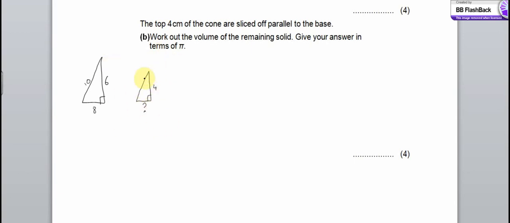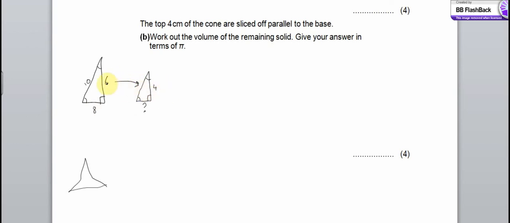Now, because the little top cone has got the same angle as the big cone, because it was chopped off the big cone, and because these two angles are the same, because if they weren't, it wouldn't be a cone, it would be a kind of weird witch's hat like this. These two triangles are similar, which means that we can use these two pairs of numbers here to figure out a scale factor which we can use on this one. And it's a pretty straightforward one.